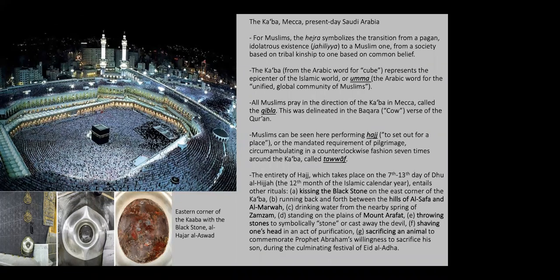Every lunar year, that is every Islamic calendar lunar year, on the 7th to the 13th day of Dhul al-Hijjah, the 12th month of that calendar year, Muslim pilgrims perform the ritual of Hajj, which replicates the first time the Prophet and his followers observed the Hajj in 629 CE.